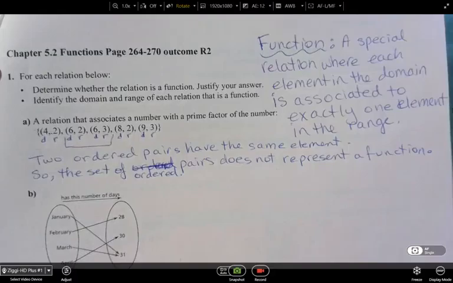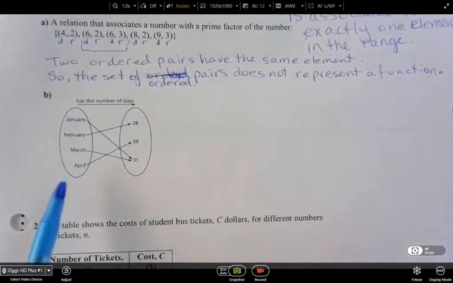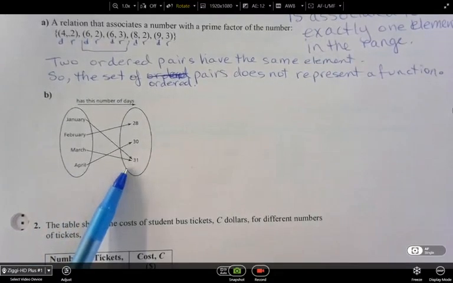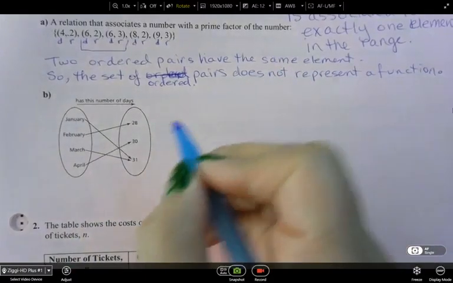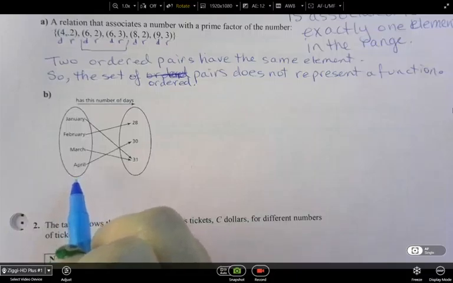Now we're going to look at this, what is this kind of diagram called, this one with the 2 circles and the arrows? Do you remember what it's called? An arrow diagram. So this arrow diagram, now which ones are the domain and which ones are the range?